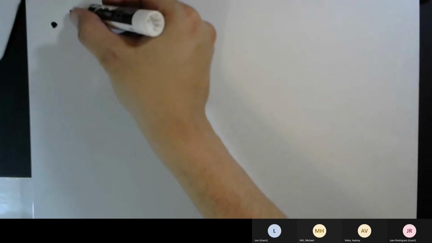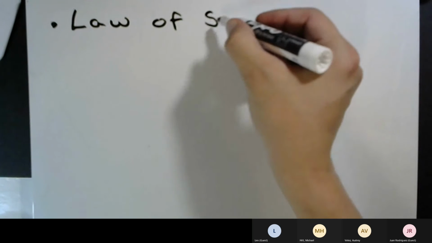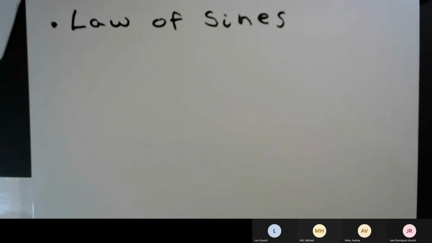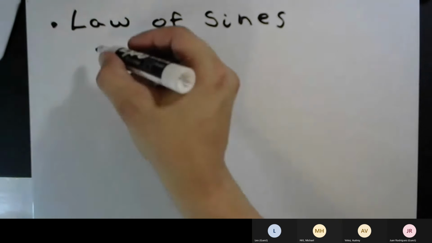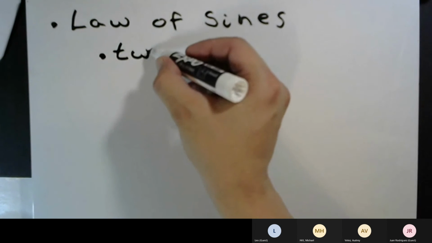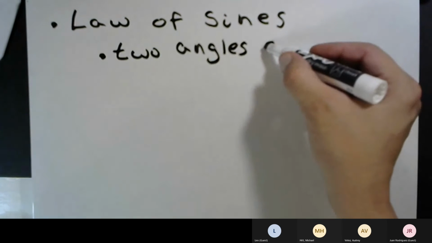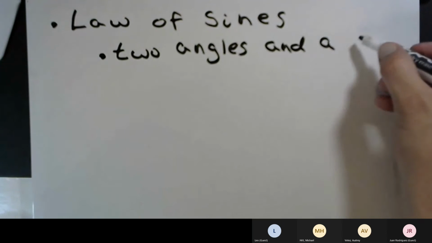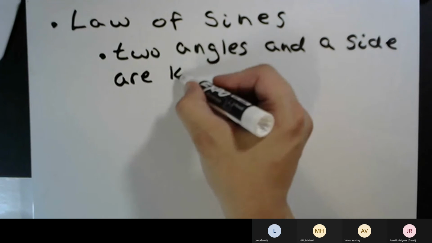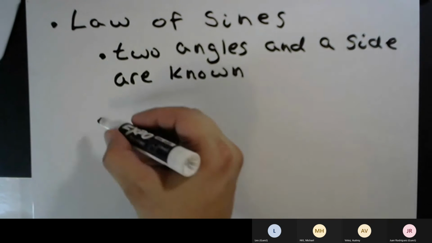So first, the law of sines. We use this in 2 situations. 2 angles and a side are known.